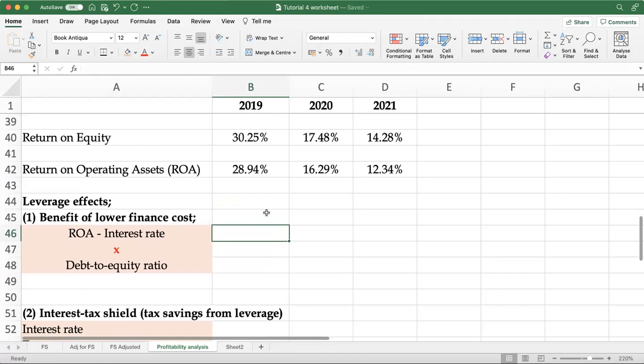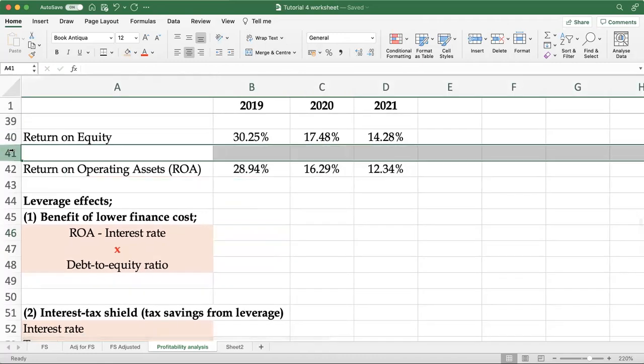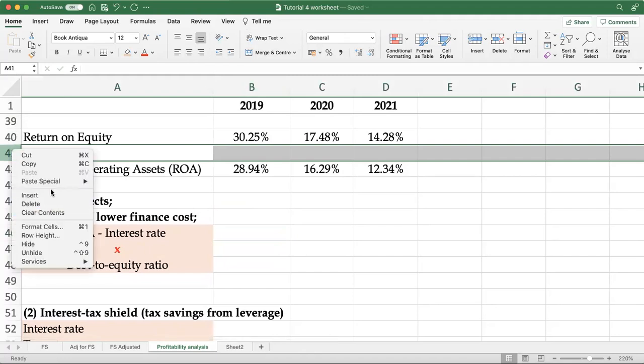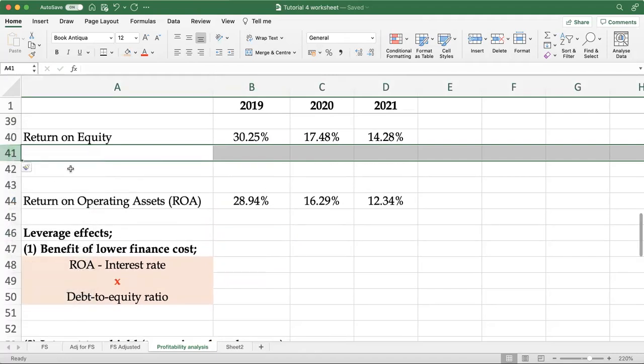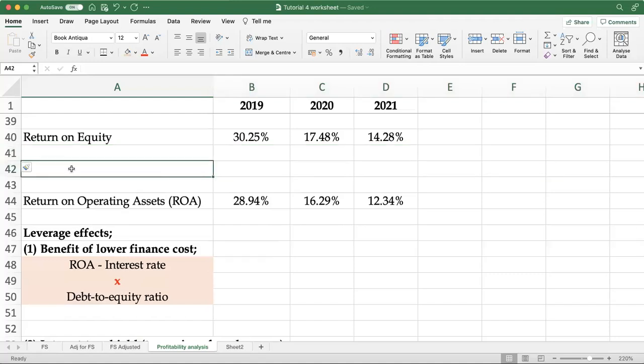So we have to find out the borrowing cost rate. We'll calculate the net borrowing cost rate.